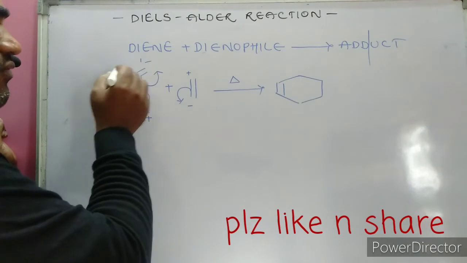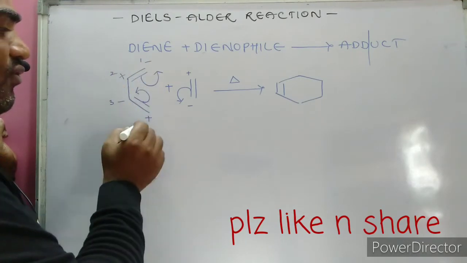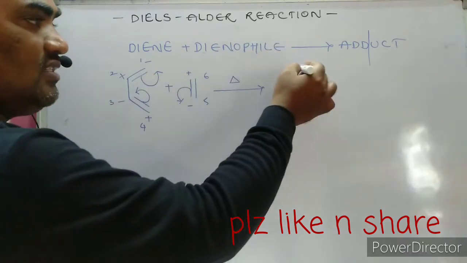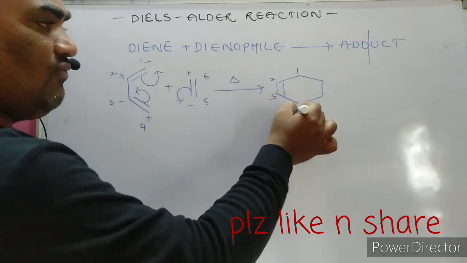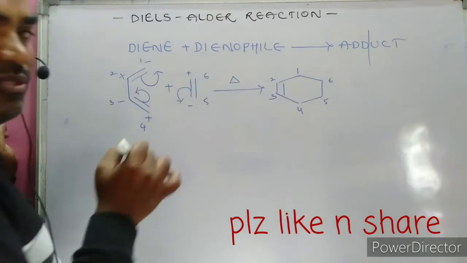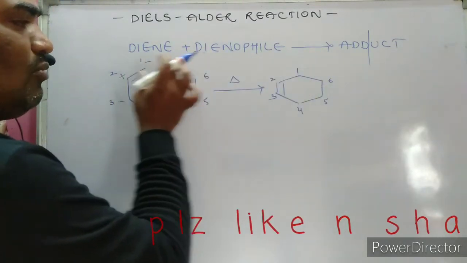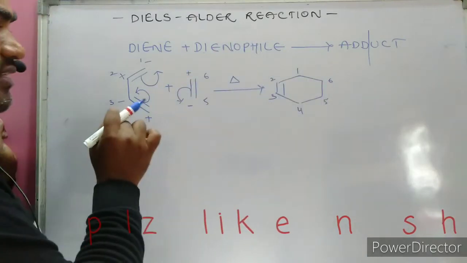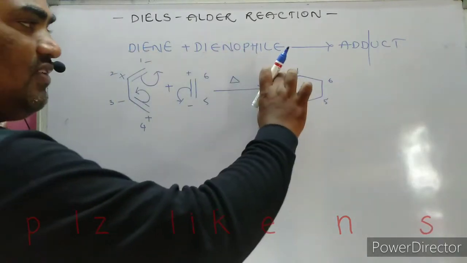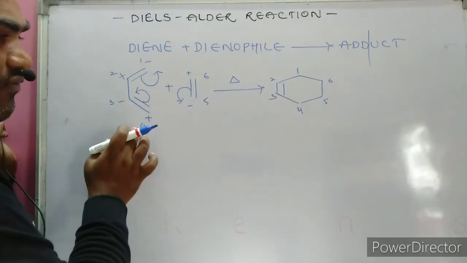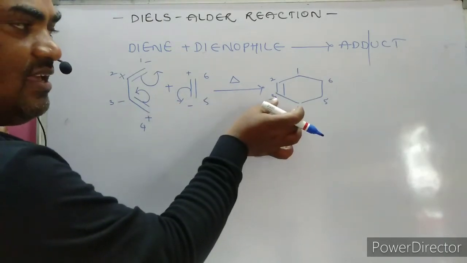Originally there is numbering 1, 2, 3, 4 here, and 5 and 6 here. Whereas in the product, 1, 2, 3, 4, 5, 6 carbon atoms are present. Between carbons 1 and 2 there was a double bond, but now it is a single bond. Between 2 and 3, originally a single bond, it now forms a double bond. Between 3 and 4 there was a double bond, but now it is a single bond.